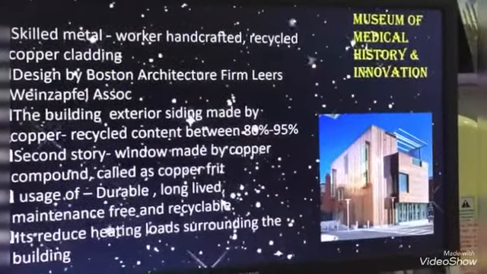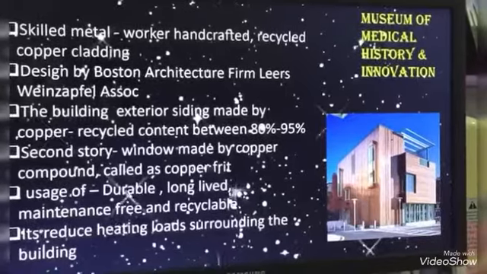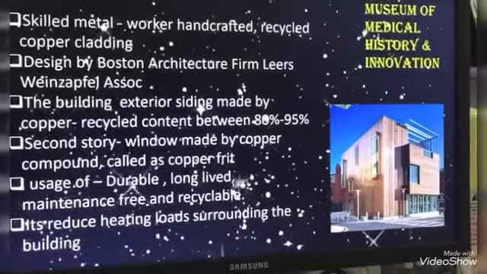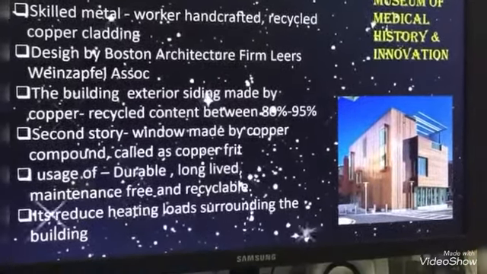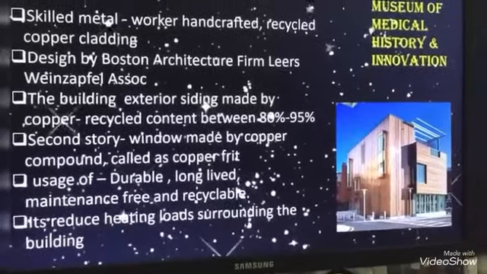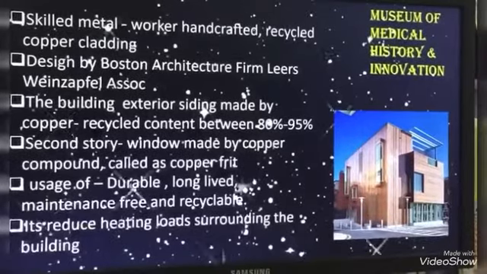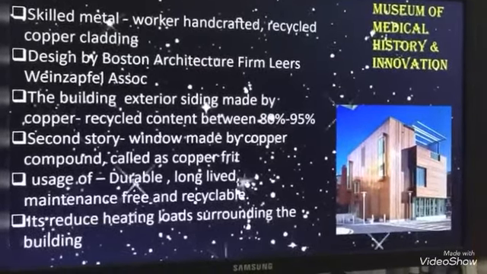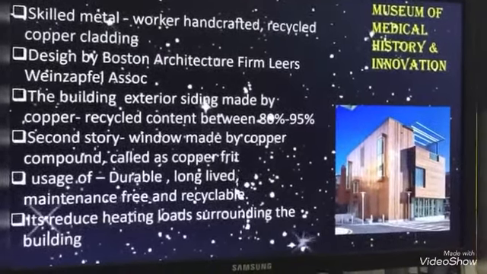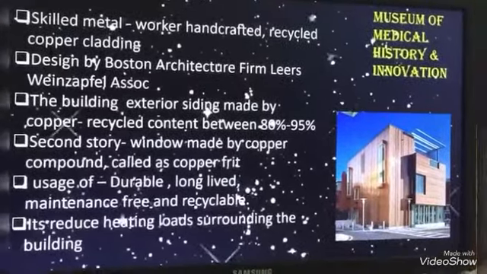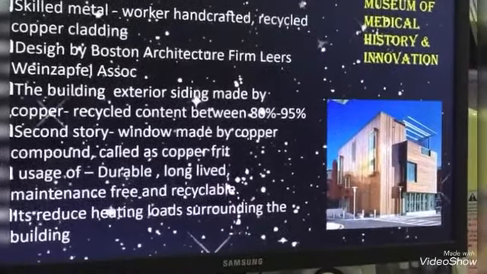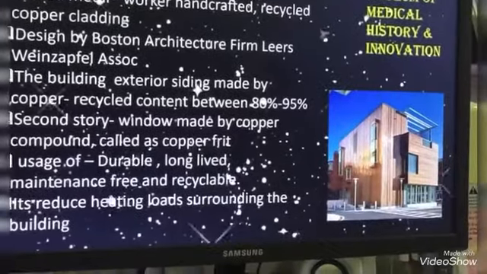The second copper building we are going to discuss is the Museum of Medical History and Innovation. These buildings are made by skilled metal workers and handcrafted workers. The entire building is made of recycled copper. This building was designed by a Boston architecture firm.